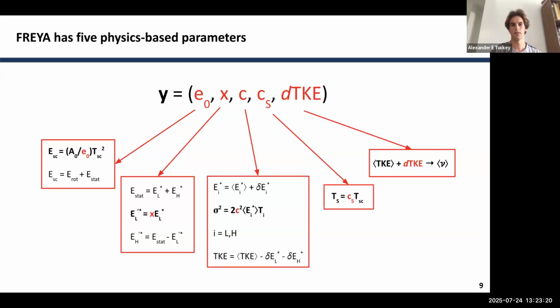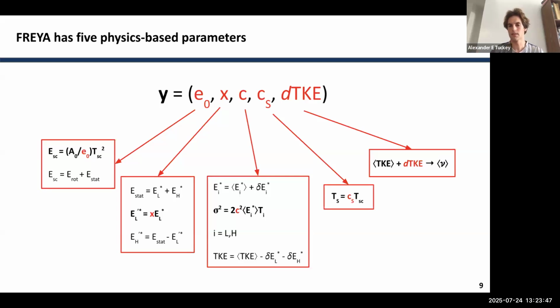So you can think of C as controlling the maximum excitation energy of the fragments. And again, we have to maintain energy conservation. So these thermal fluctuations that we add to both the light and heavy fragment, we subtract from the average total kinetic energy.